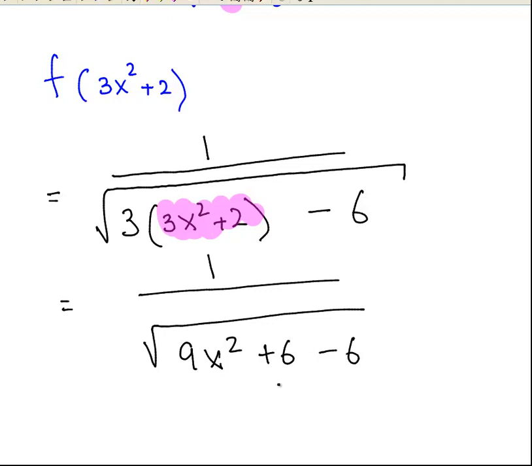Okay, and so the plus 6 and minus 6 cancel out. So we have 1 over the square root of 9x squared. The square root of 9x squared is 3x, so we have 1 over 3x. Okay, and again we're assuming the positive root always. So that's part A of this question, and I'm going to move on to part B now.